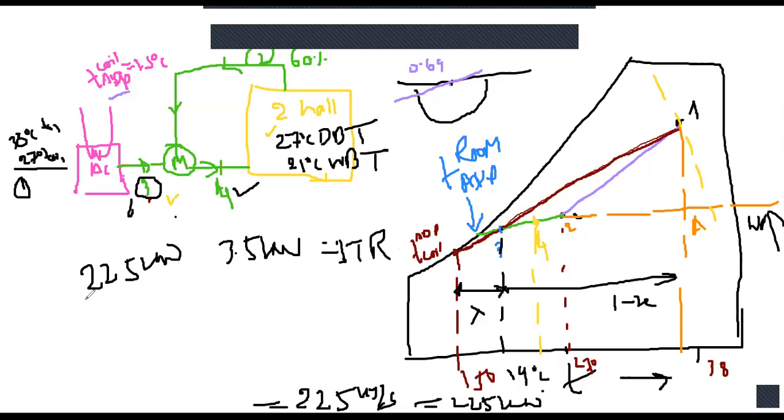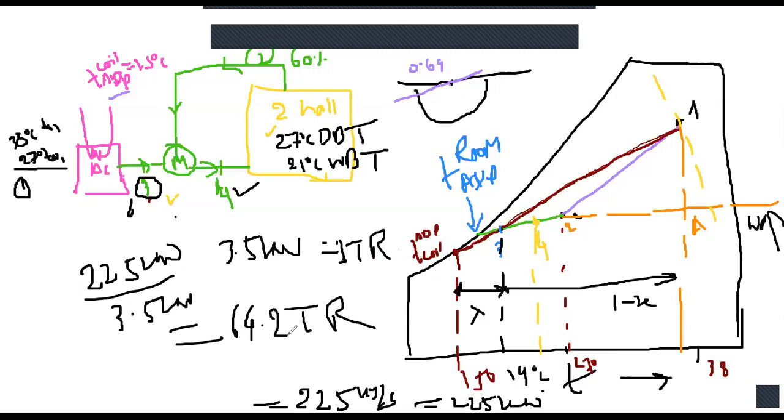That means we divide by 3.5 to get TR. We divide this 225 kilowatt by 3.5, that means 64.2 TR.